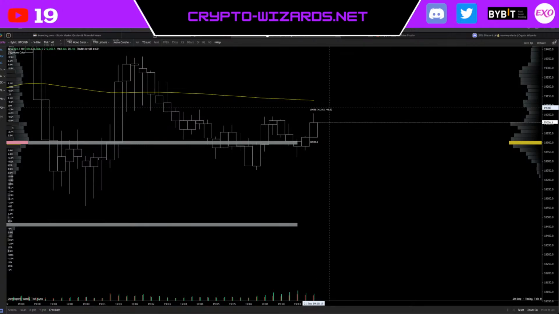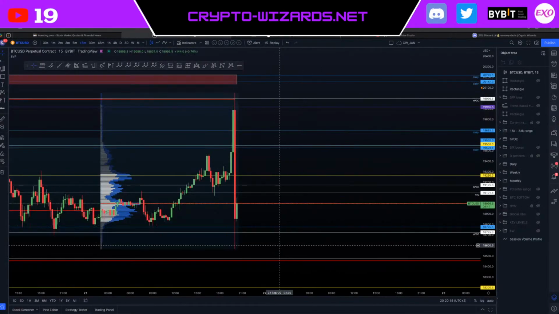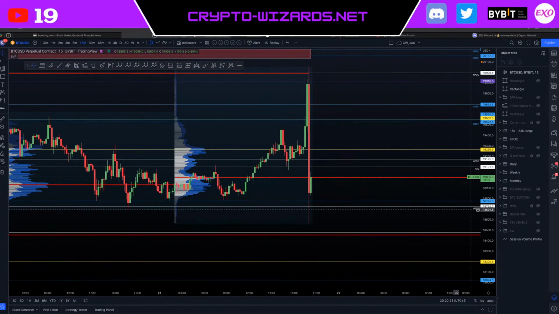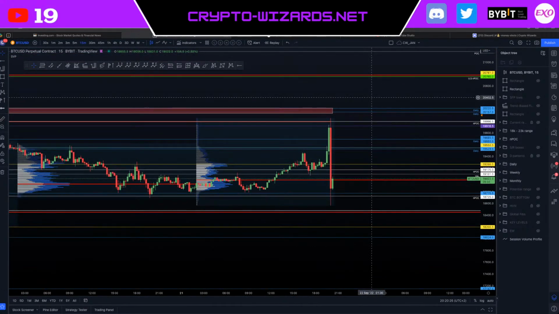So this is going to be support, but yeah, we are still talking about this white line down there, the range low, simply said. So still the same level.